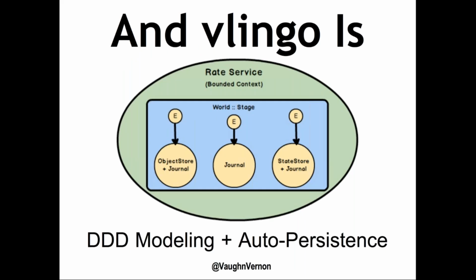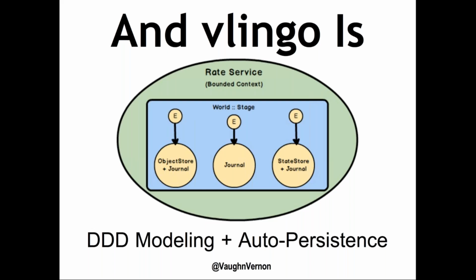If you were with us last week, you saw that vlingo supports 3 different kinds of storage. We have the ObjectStore, the StateStore, and the journal. And notice there that the ObjectStore and the StateStore both have an associated journal.